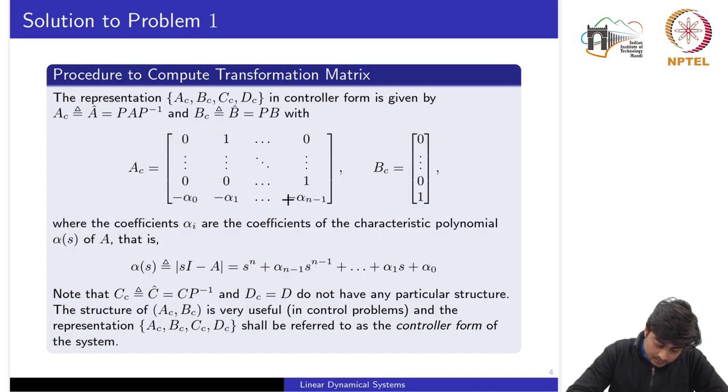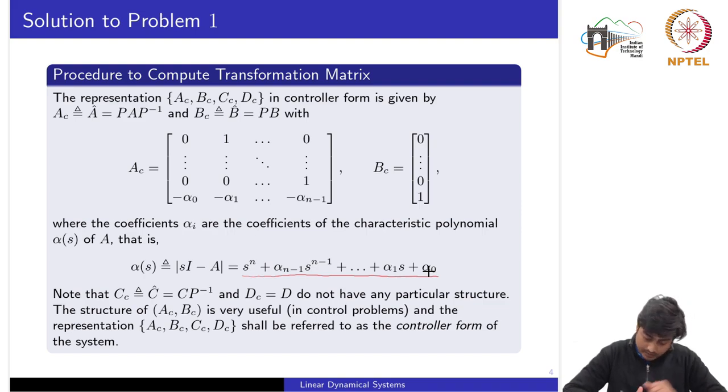The last row of this transformed A matrix is basically obtained from the characteristic polynomial. So for the given A matrix, you first write the characteristic polynomial and then obtain the controllable canonical pair.